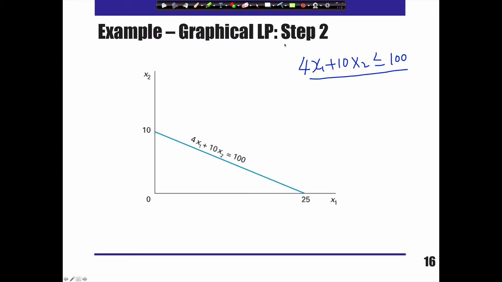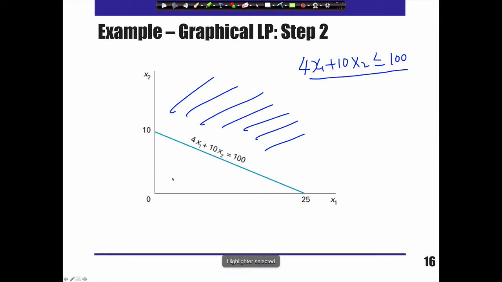So first, you draw this, assuming it is an equality, and then figure it out. This is the inequality, so maybe this side or this side will satisfy it. But how can you figure it out? You plug in one point and find out whether it is satisfied or not.